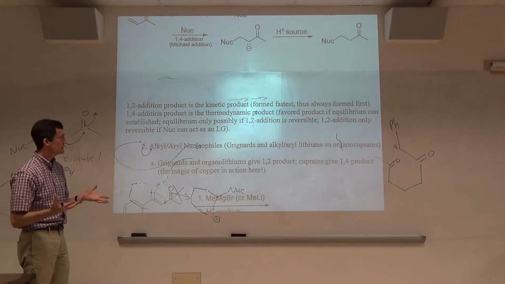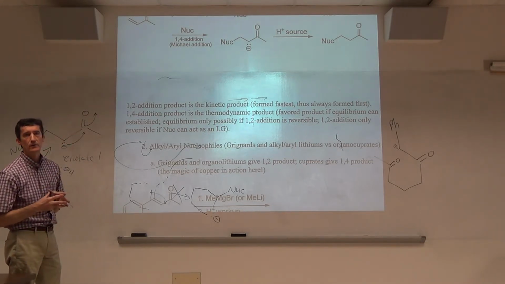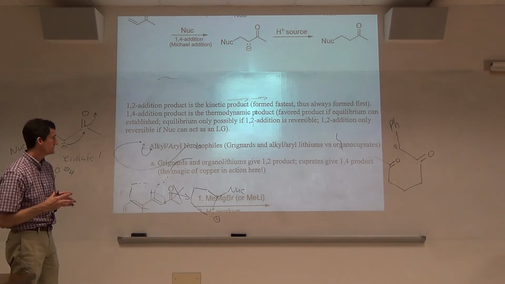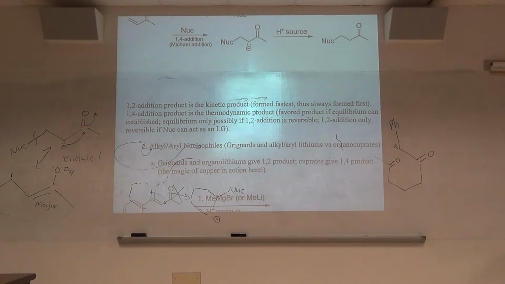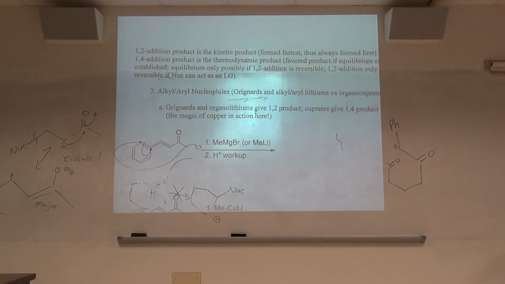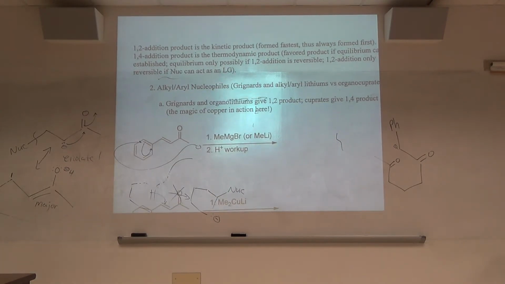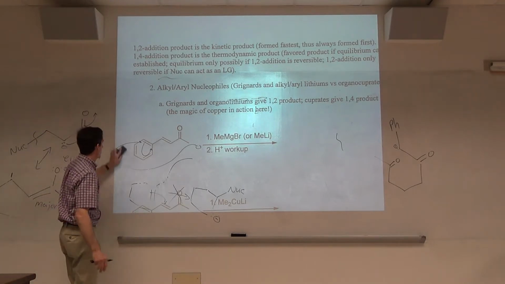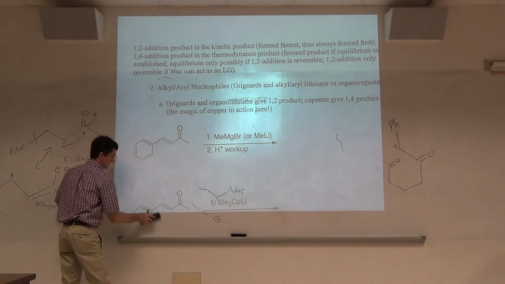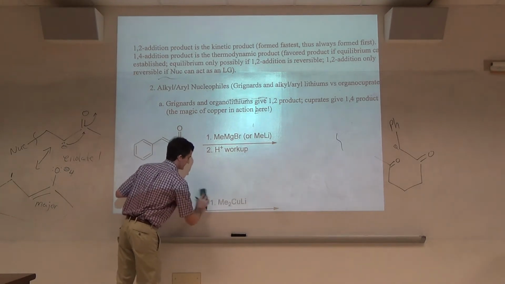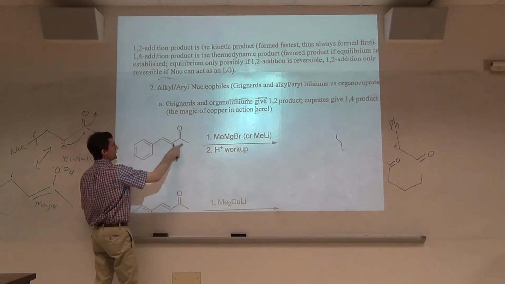If it can't serve as a leaving group, you'll typically get the 1,2 addition product. That's not a big thing, I don't think, at this point. With the limited time we have. Okay, let's do some examples. And I'll talk about what I just said.